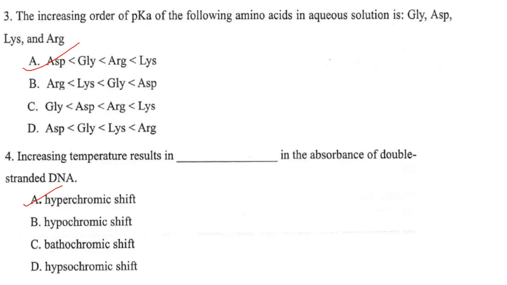1288. The increasing order of pKa of the following amino acids in aqueous solution: glycine, aspartic acid, lysine, arginine. So based on the acidic strength, you should know the side groups of these amino acids. Glycine has only H as the side group, so it is neutral.